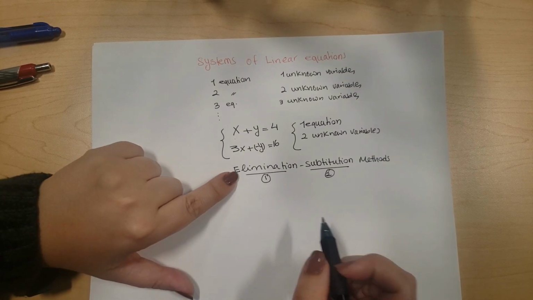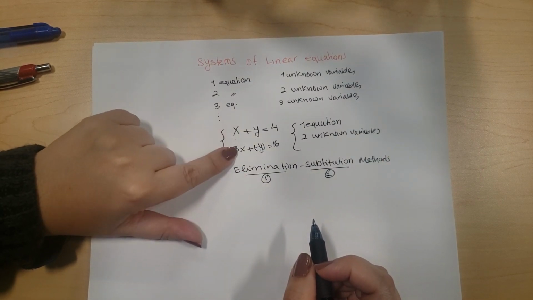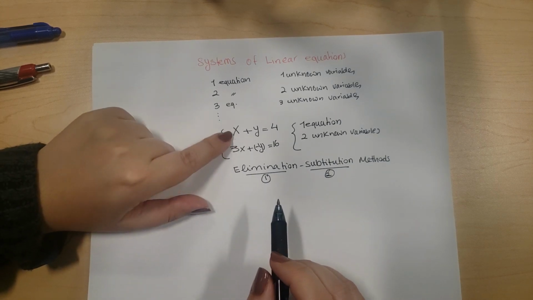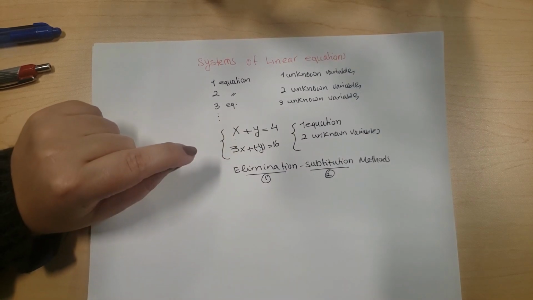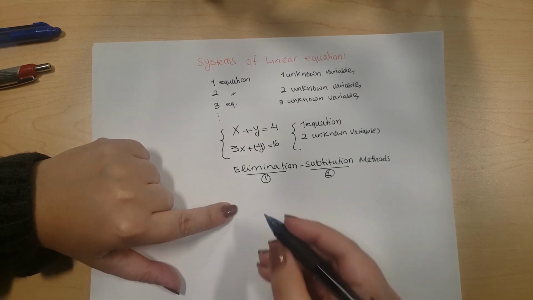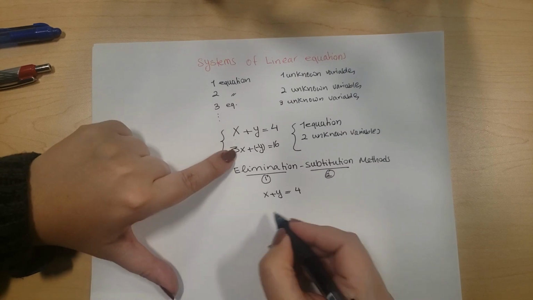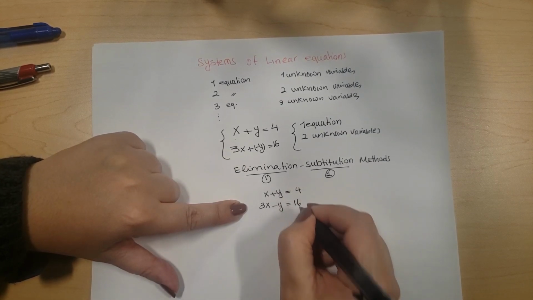In the first step, we try to eliminate one of the variables so that from the two equations we end up with one equation in terms of one unknown variable. How can we do that? Let me write it down. x plus y equals 4, and for the second one, 3x minus y equals 16.